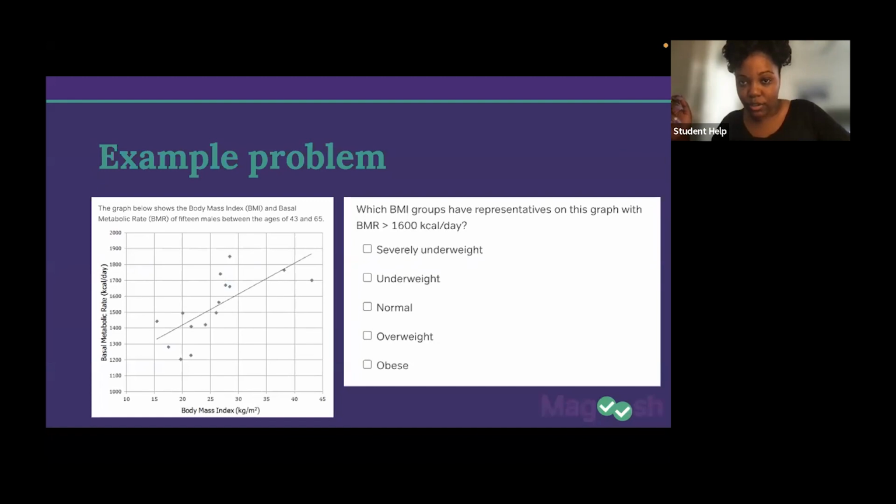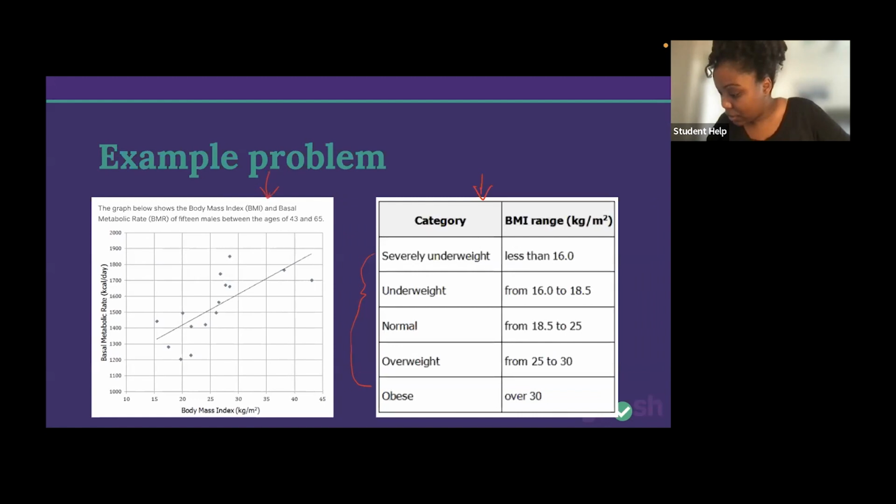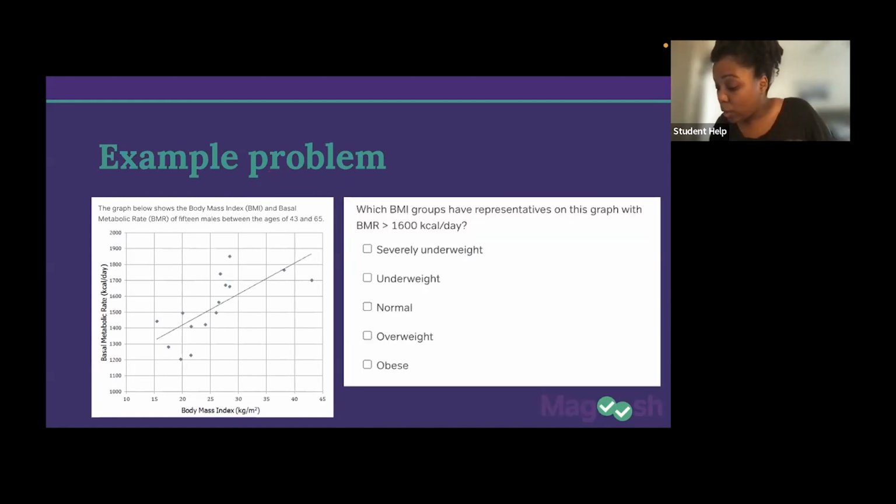Okay, sure, no problem. All right, so it says, which BMI groups have representatives on this graph with BMRs greater than 1,600 calories? All right. So first I want to see which people have something greater than 1,600 calories. Which BMI groups?